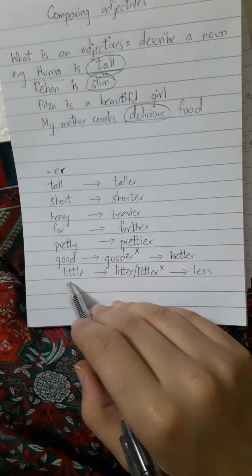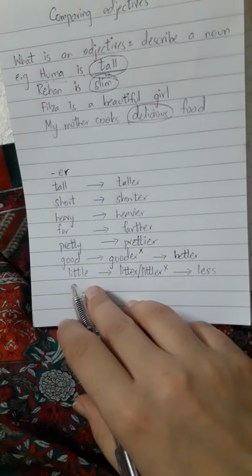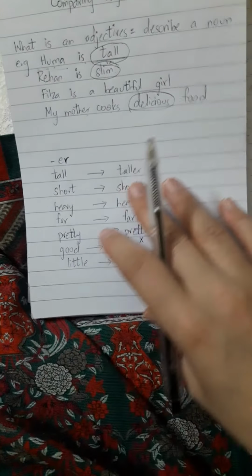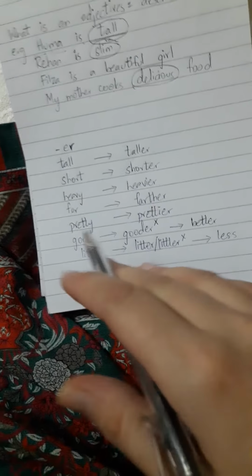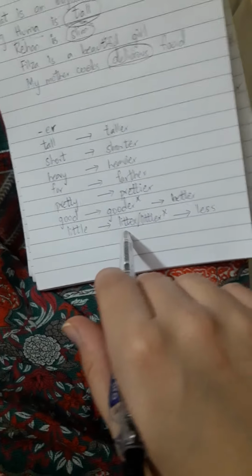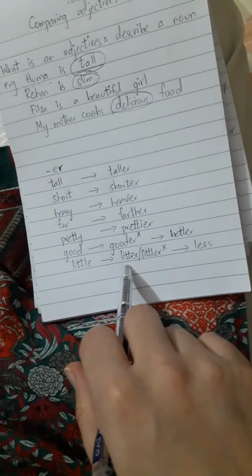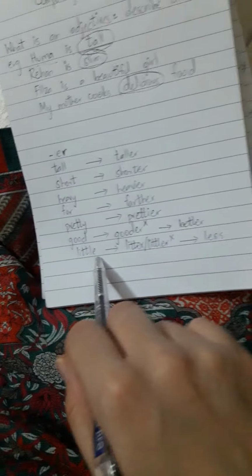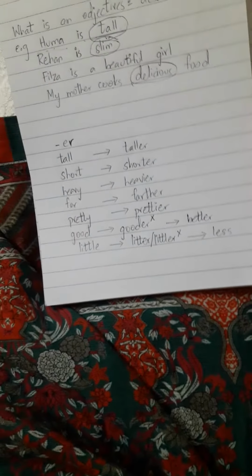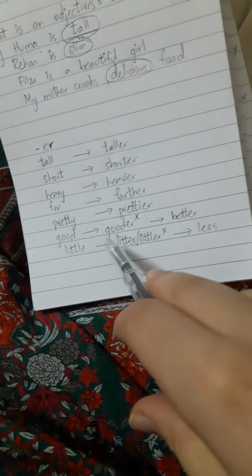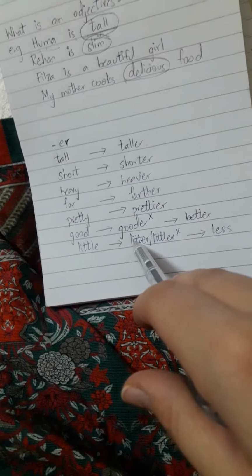If I tell you little, and we need to write a comparing adjective for little, will it be litter or littler? I know that litter is a word, but in this case it is not related to the word little that we are talking about. We are talking about someone's size, and this litter is telling us about garbage.